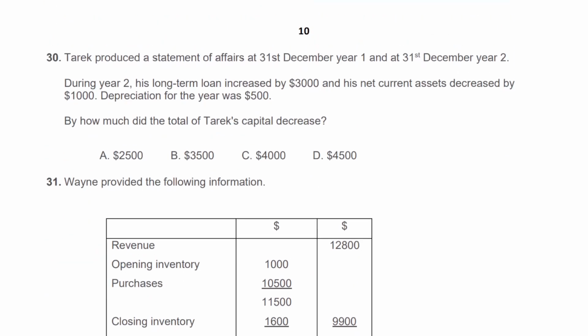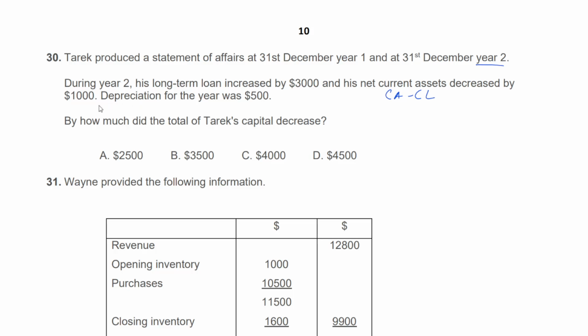Let's move on. 30. Tariq produced a statement of affairs at 31st December year 1 and 31st December year 2. During year 2, his long-term loan increased by 3,000. It's greater by 3,000. His net current assets, which is current assets minus current liabilities, also went down by 1,000.